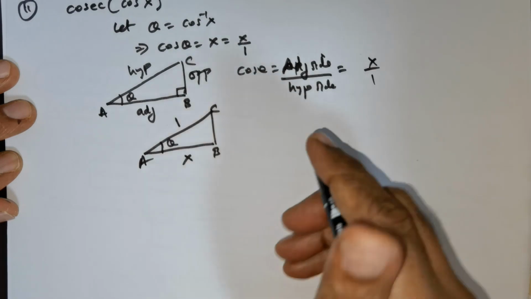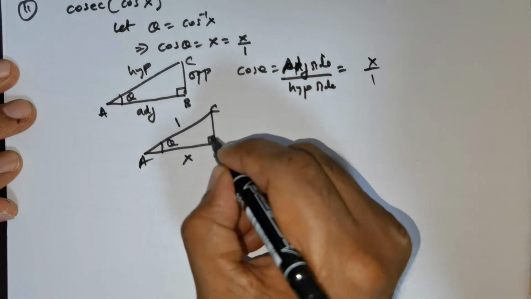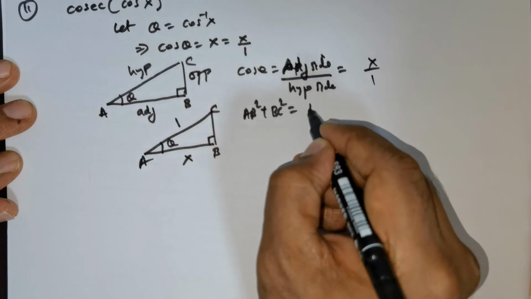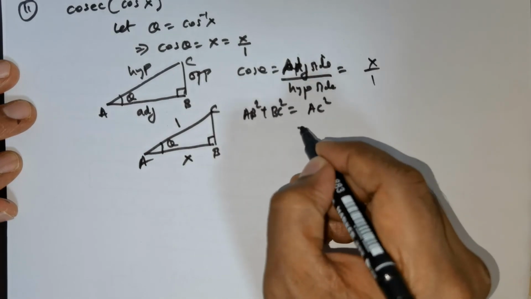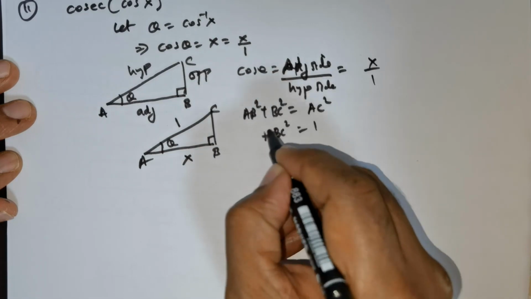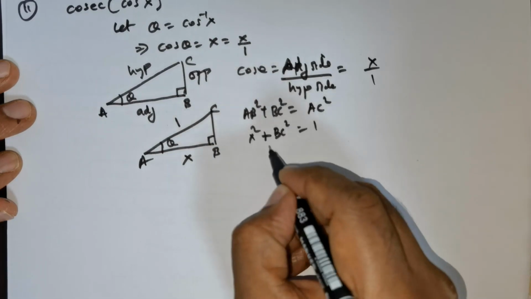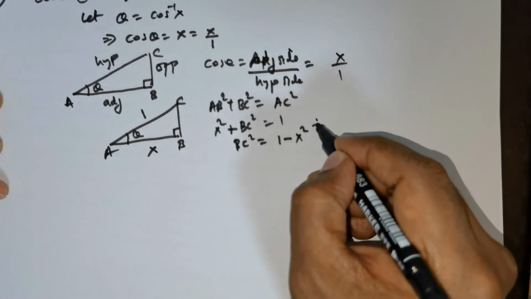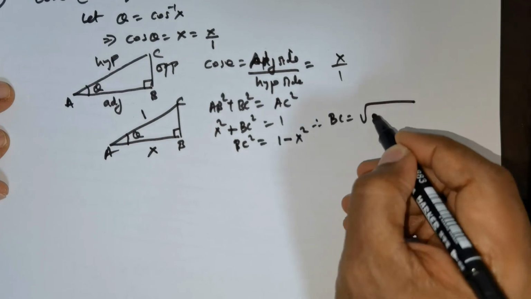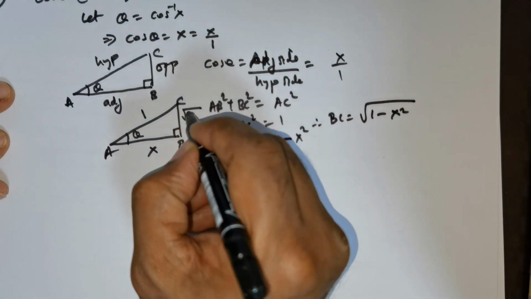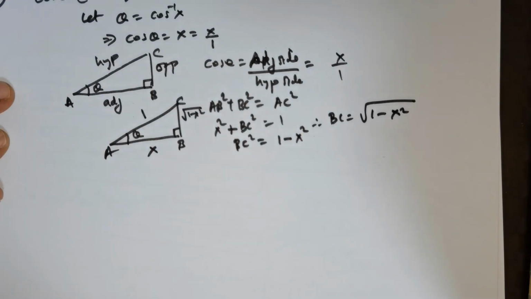I want to get the opposite side. Since it's a right triangle, ab squared plus bc squared is equal to ac squared. I know ac squared, I know ab squared, I do not know bc squared. So this is going to be 1 negative x squared. So therefore bc is equal to root of 1 negative x squared.